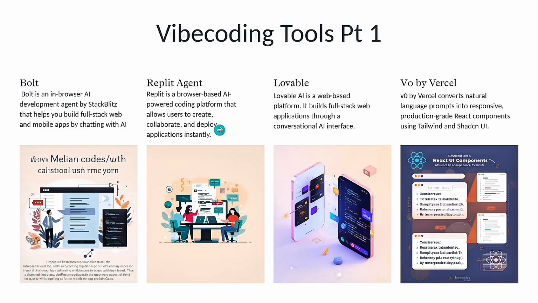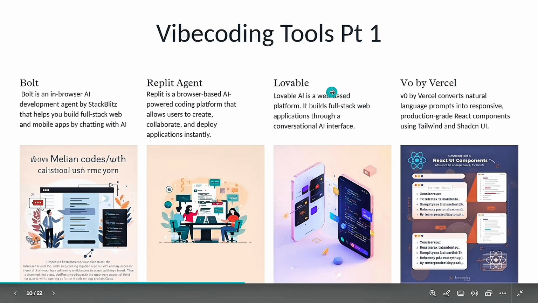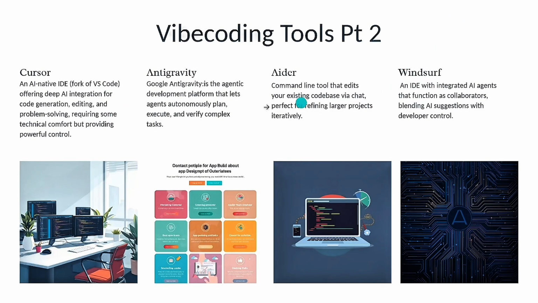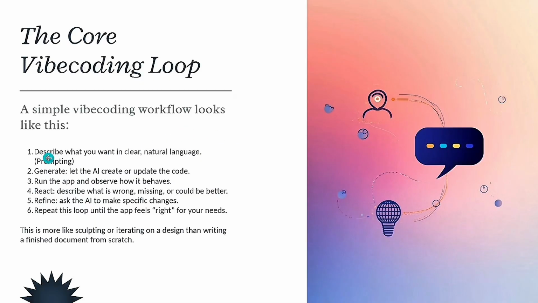V0 allows you to build, and you'll be seeing whatever you're building beside it. While Cursor, Antigravity, and the likes are more like IDEs, like VS Code, where you type your code. We still have other tools which I did not mention in this class, like Copilot. We have lots of them.